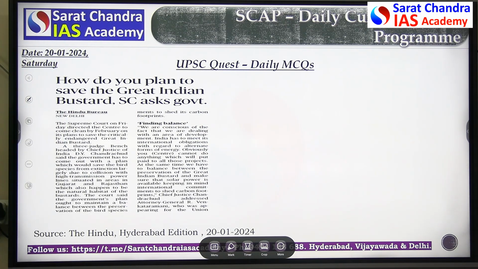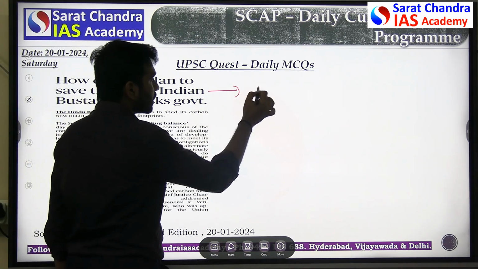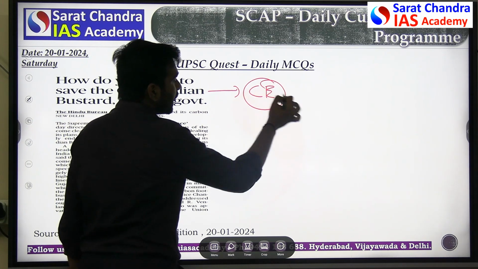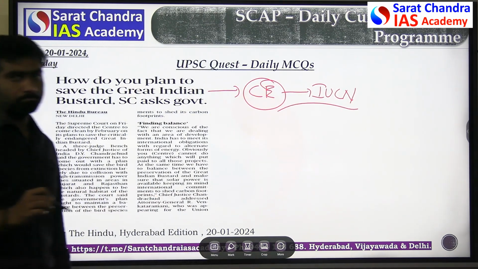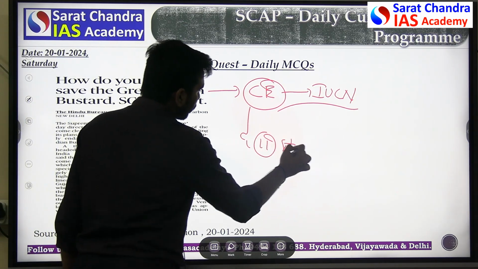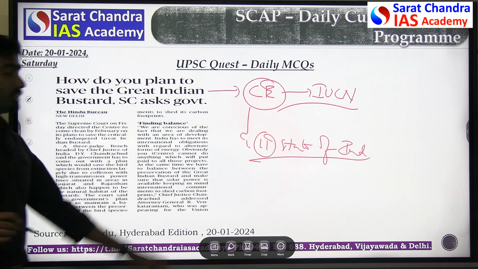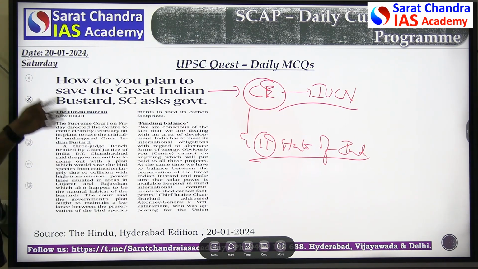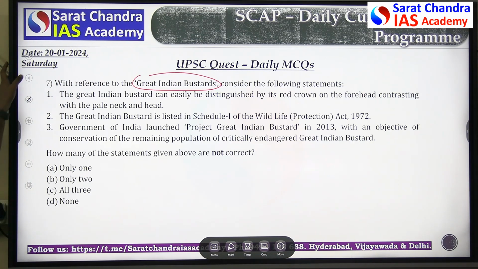Supreme Court asks government, because we all know that Great Indian Bustard comes under the critically endangered category according to IUCN. It is native to 11 states of India. So based on this Great Indian Bustard article, frame this question.